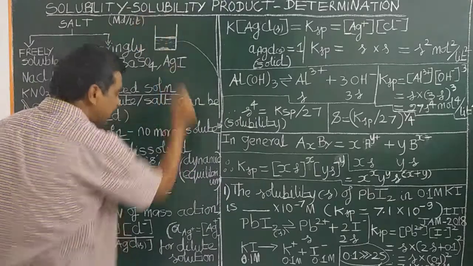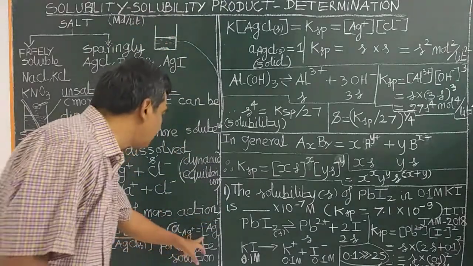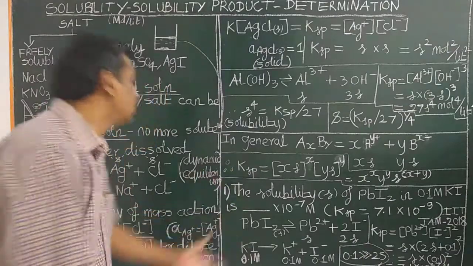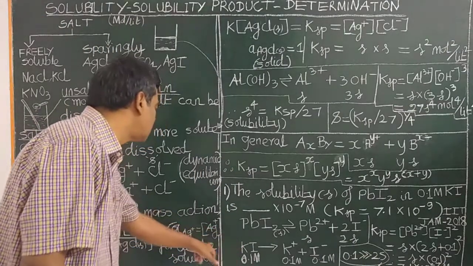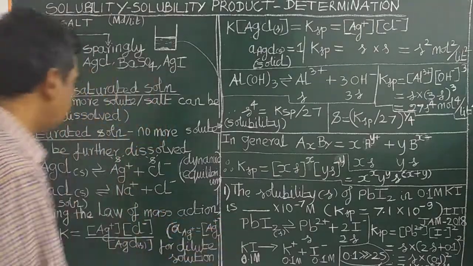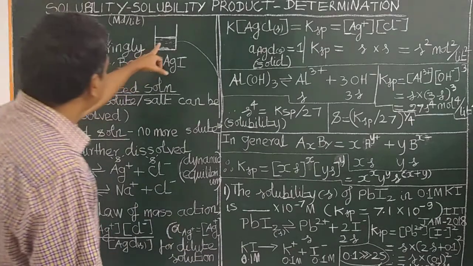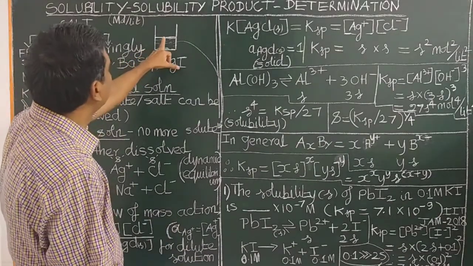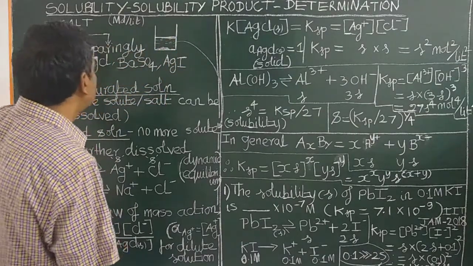Therefore, the solution is very dilute. For dilute solution, activity of ion is equal to concentration of the ion. For example, activity of Ag plus equal to concentration of Ag plus, activity of Cl minus equal to concentration of Cl minus for dilute solution. Okay. Because the concentration of Ag plus ion and Cl minus ion are very less because of sparingly soluble salts.